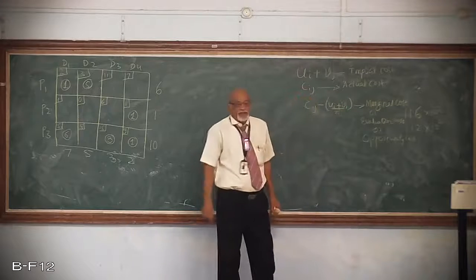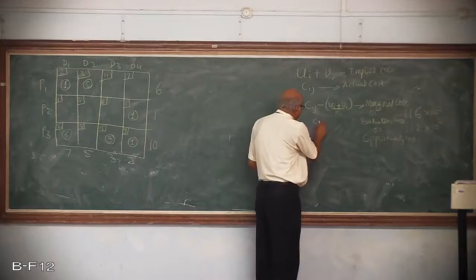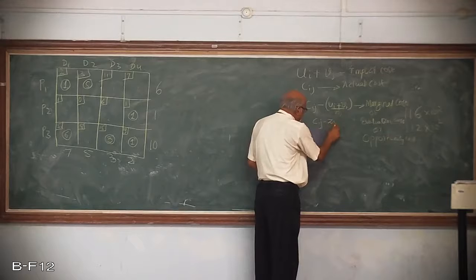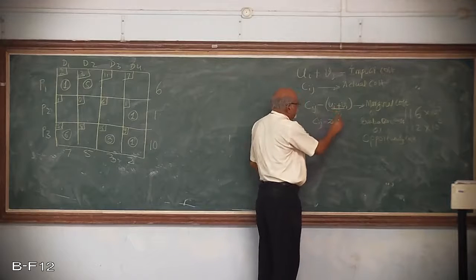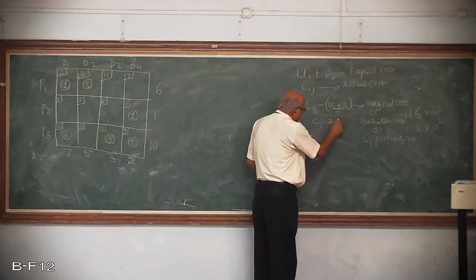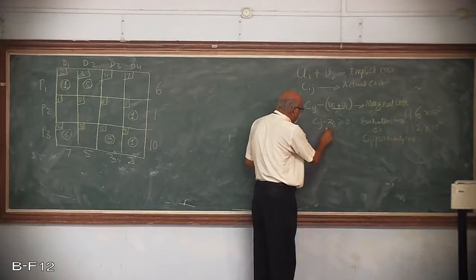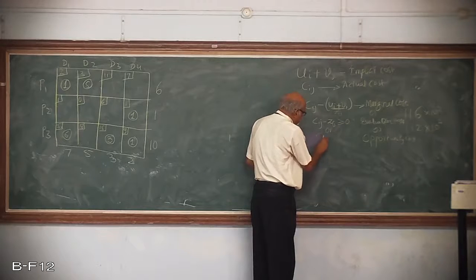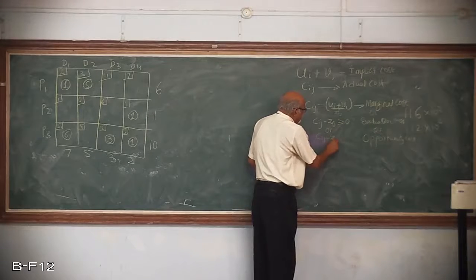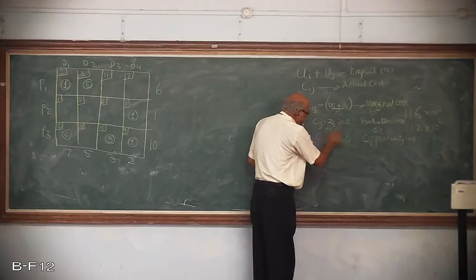So that means Cij minus Zij may be greater than or equal to 0, or it might be less than 0.